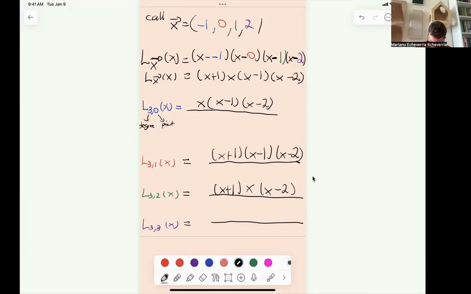So you get x plus 1 times x minus 1. Is that making sense? I'm writing them as fractions because there's still a piece missing, but I wanted to make sure the numerators make sense. Each numerator is obtained from the bigger polynomial by removing one factor at a time.